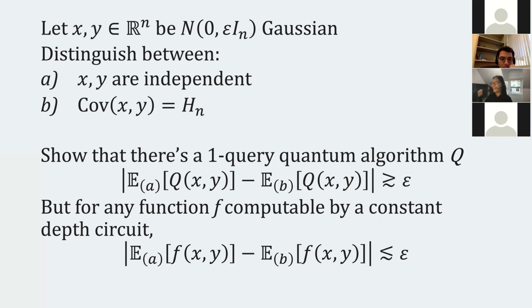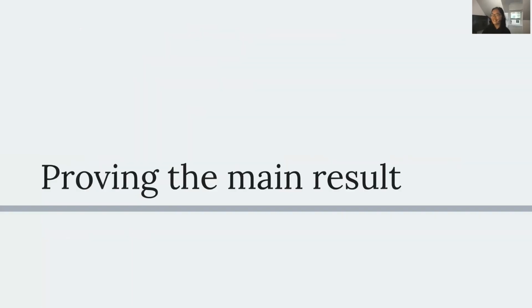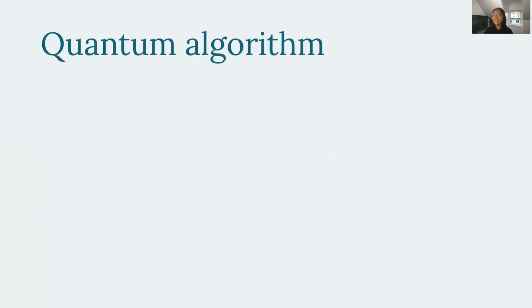Okay, great. Moving on, I'm going to talk about how to prove the main result. I'm not actually going to get into too much detail about what the quantum algorithm is.